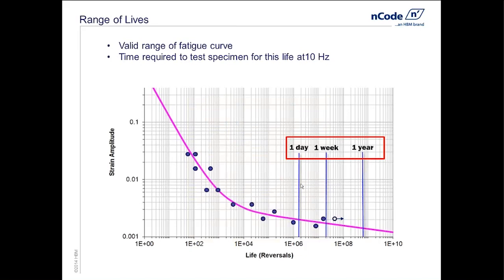And 10 hertz is a reasonable speed for a strain life test. As we go out and try to get close to 10 million cycles, we're looking at a week on the machine. And if I were to push that out to higher lives, we keep increasing the length of the test. So having bounds on the high cycle regime allows me to make the most efficient test possible.